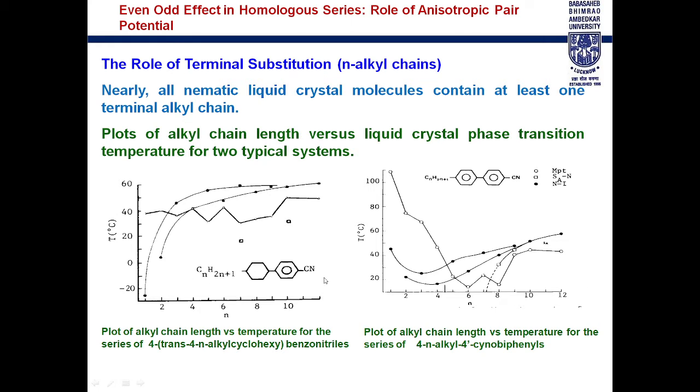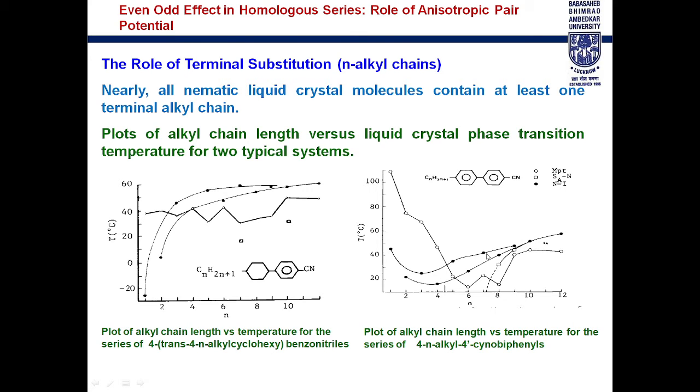This is for the cyano system, that is 4-trans-4-n-alkyl cyclohexyl benzonitrile, and this n represents the number of carbons in the alkyl chain, and this is the phase transition temperature, and one can see that as the number increases, it goes in even and odd directions alternately.